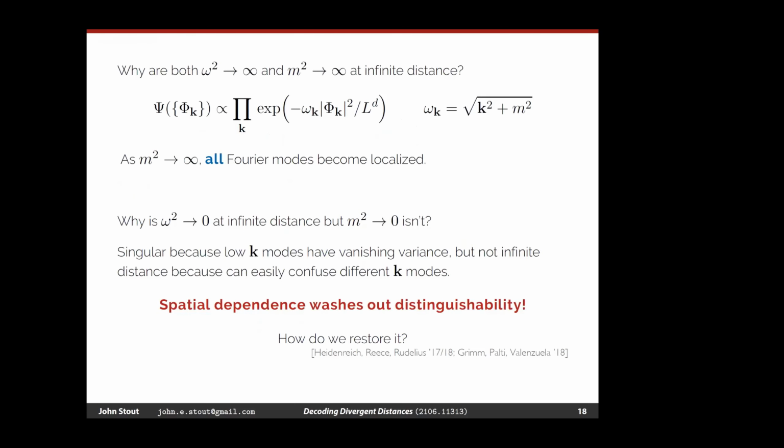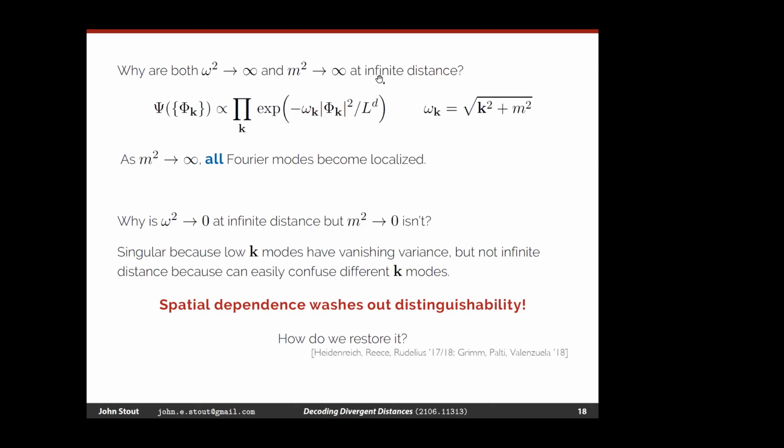So we can understand both of these limits, why the infinite mass limit is at infinite distance, and why the massless limit is not, by paying attention to what's happening to the wave function.